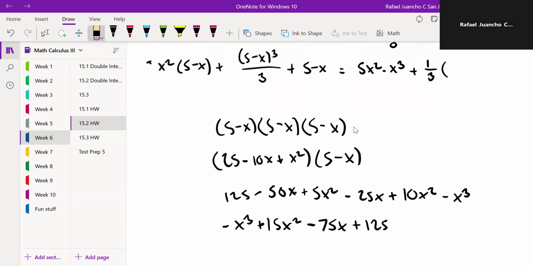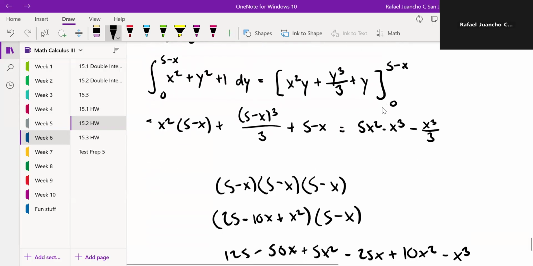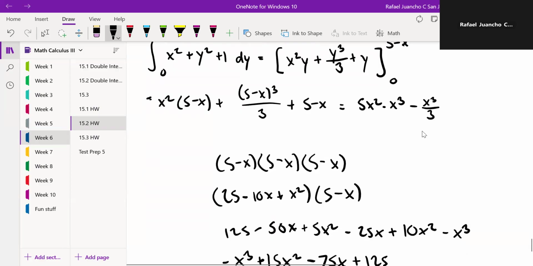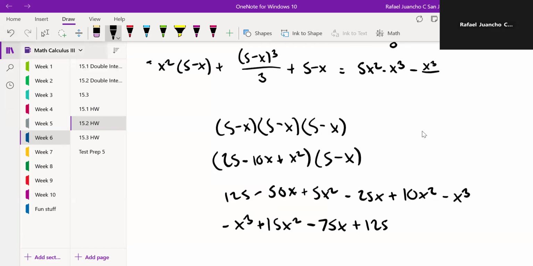And so I basically get, well, here I would get negative x cubed over 3. Let's just write it out. Because I'm multiplying it by a negative 1/3, right?